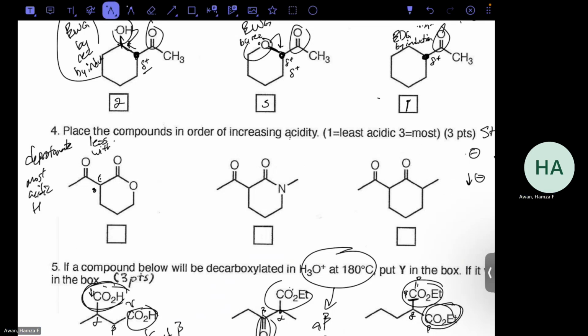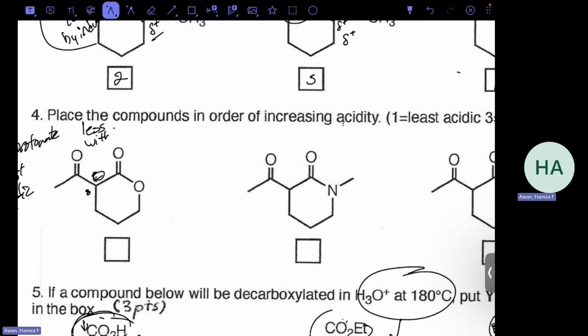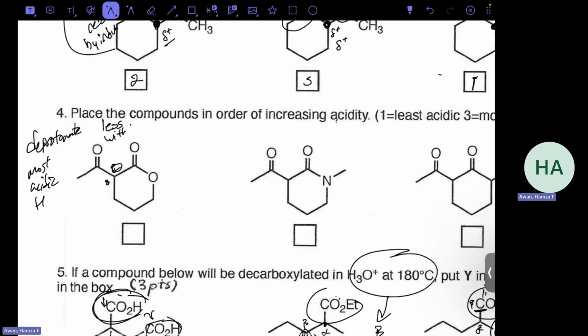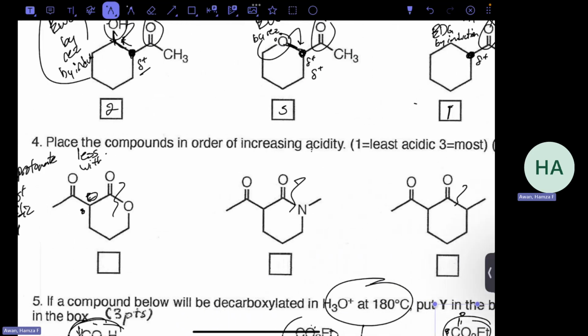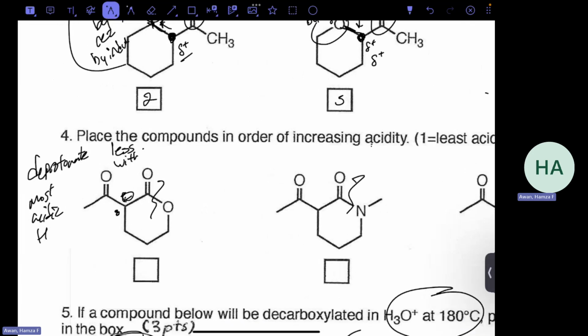Okay. So, one slight adjustment. We have the two carbonyls right there, but let's say we cut them right here. I'll try to explain it to you guys the way that I just understood it. All of these are going to be pulling electron density, right?